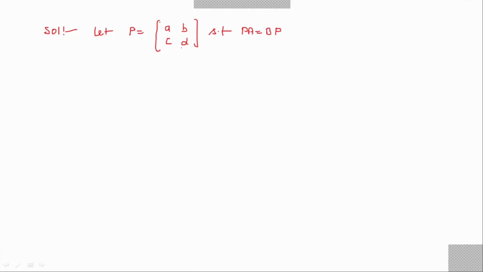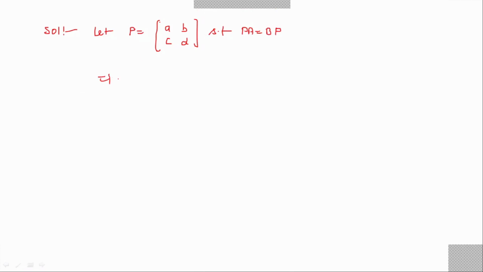So let me assume a P matrix, P equals A, B, C, D, such that PA is equal to BP. Now, if this P is an invertible matrix, then you will say that A and B are similar matrices. Now, find out this P matrix.